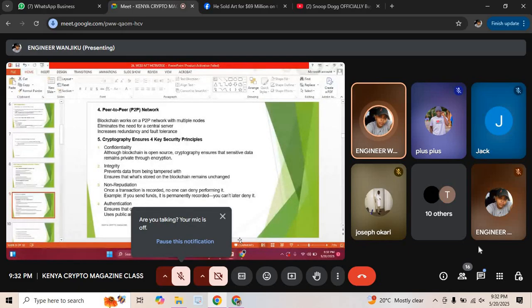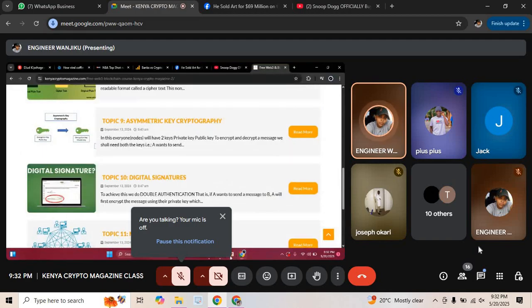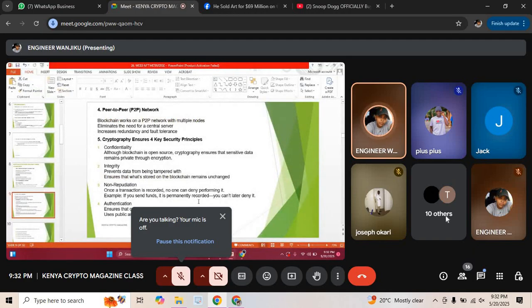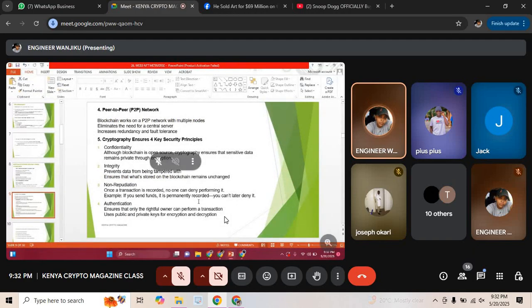And if you go to this segment, you'll be able to understand how that is done. The data will remain open source, publicly available to everyone, but also private through encryption. Now that you're talking about private key and public key, you can go to that and you'll be able to understand that.